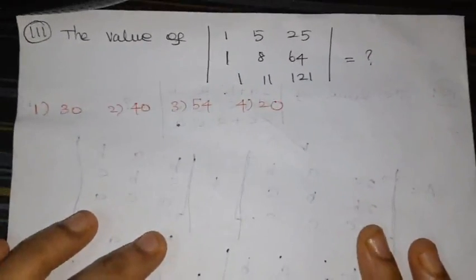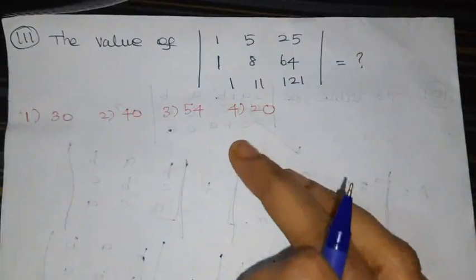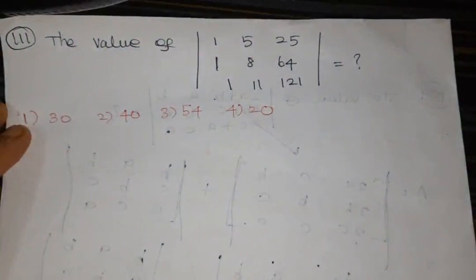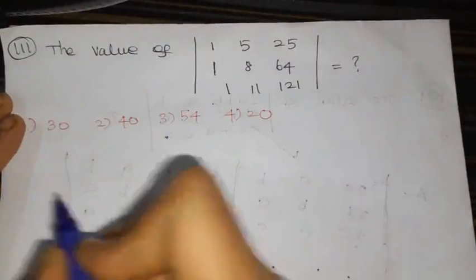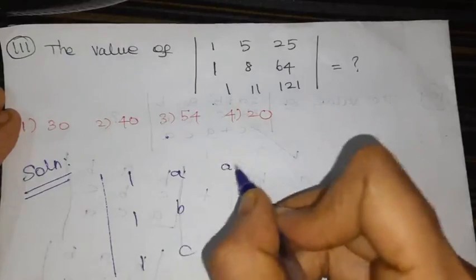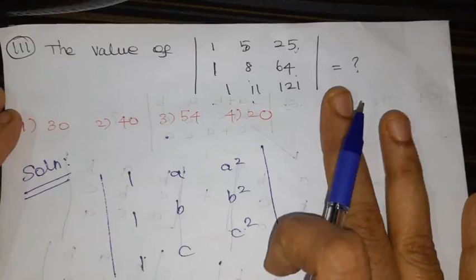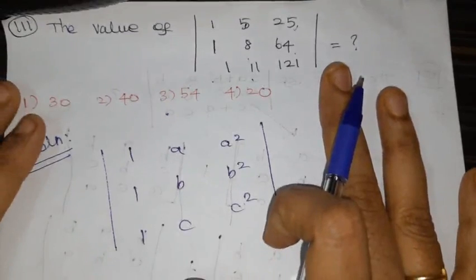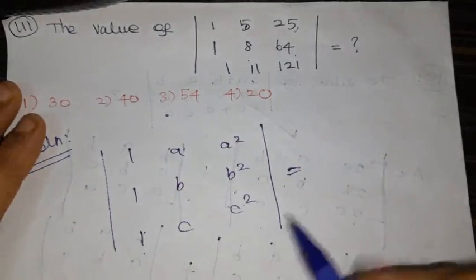Then moving to the next problem: the value of the given matrix. See from the given matrix, is there any relation? This is like 1, 1, 1; a, b, c; a squared, b squared, c squared. 5 squared is 25, 8 squared is 64, 11 squared is 121.